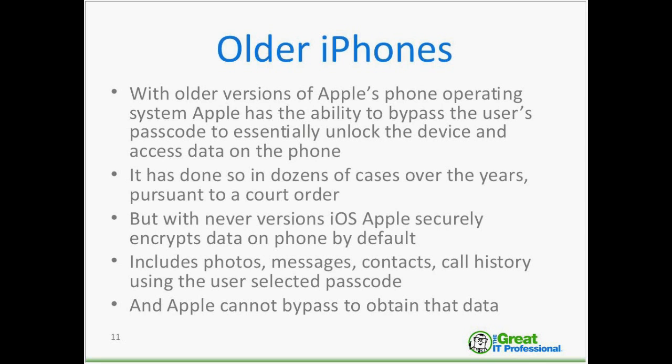But with newer versions of the iOS operating system, like that found on this phone in question, Apple securely encrypted the data on the phone by default. All the photos, messages, contacts, call histories, everything was encrypted with the user-selected passcode, and Apple could not bypass it to obtain the data. Apple really had 4 protections built into their phones.